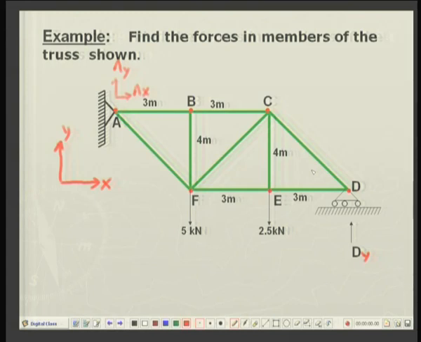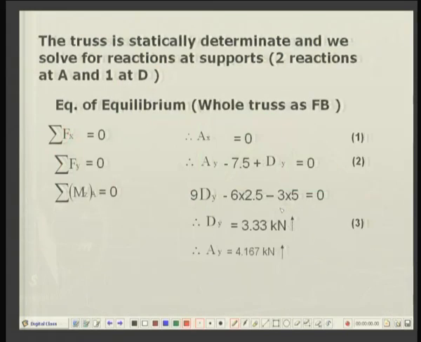So, minus 6 into 2.5 minus 3 into 5. So, you can say 9 Dy minus 6 into 2.5 minus 3 into 5 equals 0. These three equations immediately give us Dy, the vertical reaction at D, equal to 3.33 kilonewtons, and Ay equal to 4.167 kilonewtons, and Ax is 0. So, we have solved for the three unknown reactions.